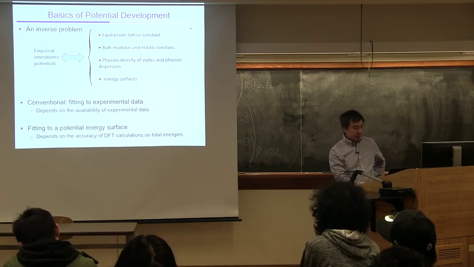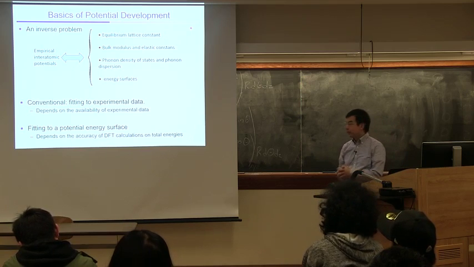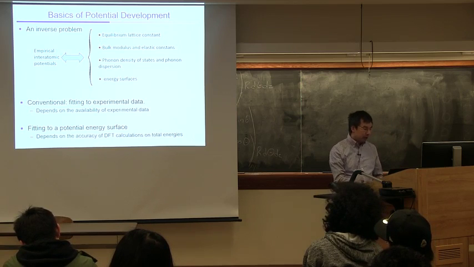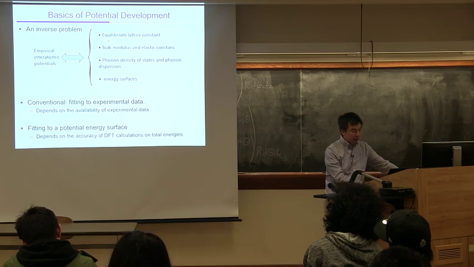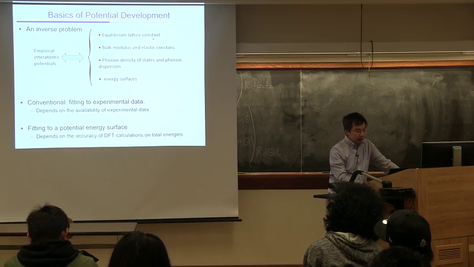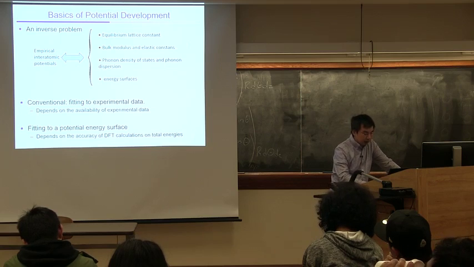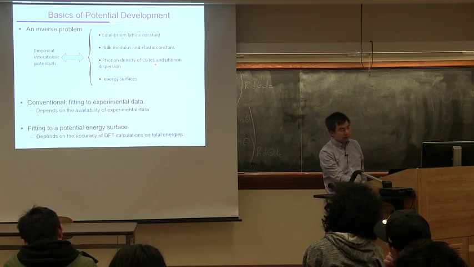So basically it's an inverse problem, right? Now we know with empirical potentials, we can calculate a lot of properties. We can find out the equilibrium lattice constant, the bulk modulus and the elasticity constants, the elasticity tensor, as well as the phonon density of states and the phonon dispersion.